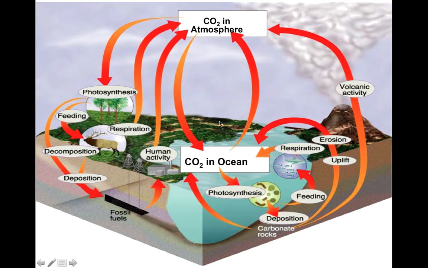So again, as far as the forests and protecting our producers, here we have plants, and then down here we have algae. They are absorbing carbon dioxide for us, so we need to protect those organisms by not chopping and burning down forests, as well as not polluting and killing off the algae, because they're helping control the carbon dioxide as opposed to increasing it in the atmosphere.